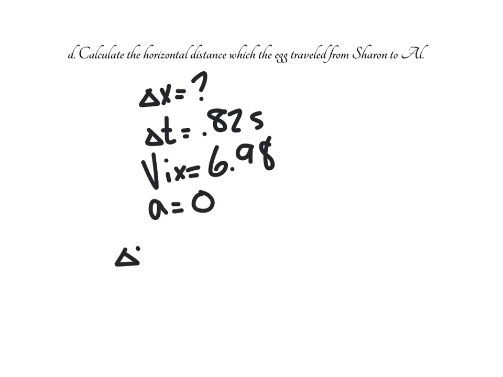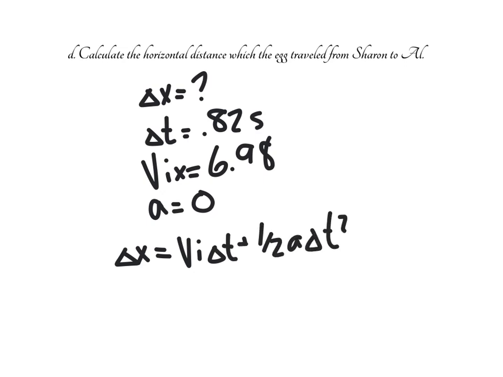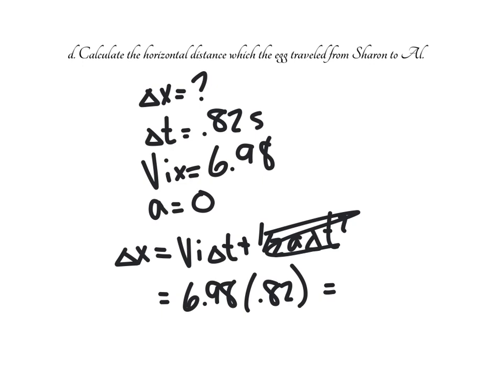So if we use this equation and plug in all of our numbers, we can go ahead and solve for that change in x. So we have 6.98 times our time of 0.82. The rest of the equation goes away because acceleration is 0, and we get 5.7, and that unit is meters.